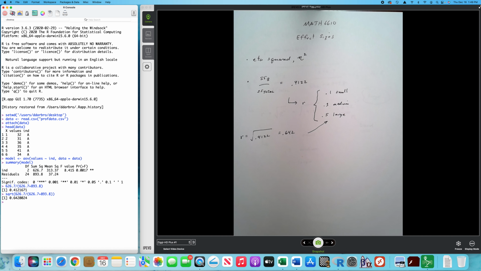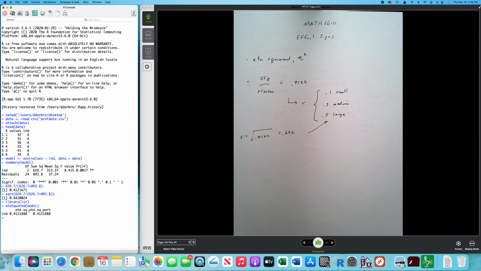Now, there's a way that we can also take a look at this using the LSR package. I believe it's LSR. Yeah, okay. Using the LSR, it's just the eta squared command, and you can see that we get the same thing.